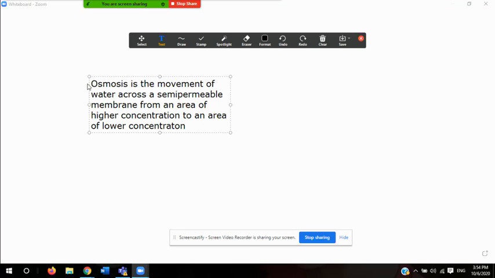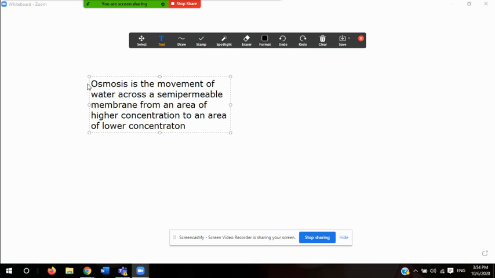Okay? From an area of higher concentration to an area of lower concentration. So osmosis is the same as diffusion. They move from an area of higher concentration to an area of lower concentration, but it's mainly working with water.